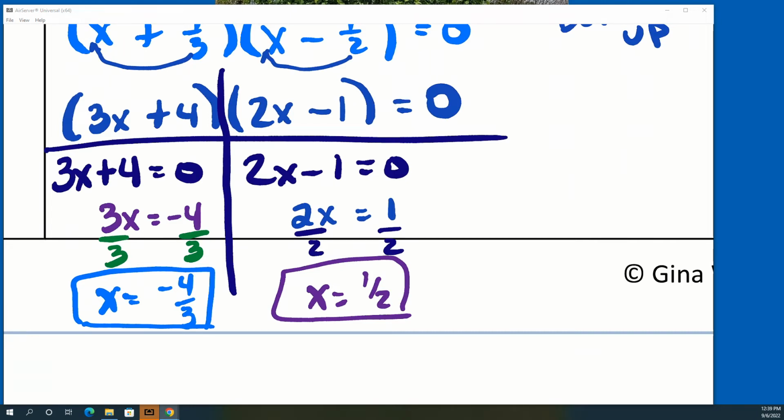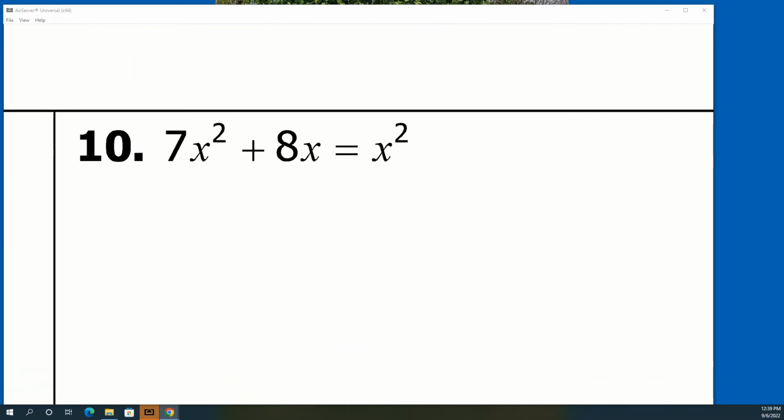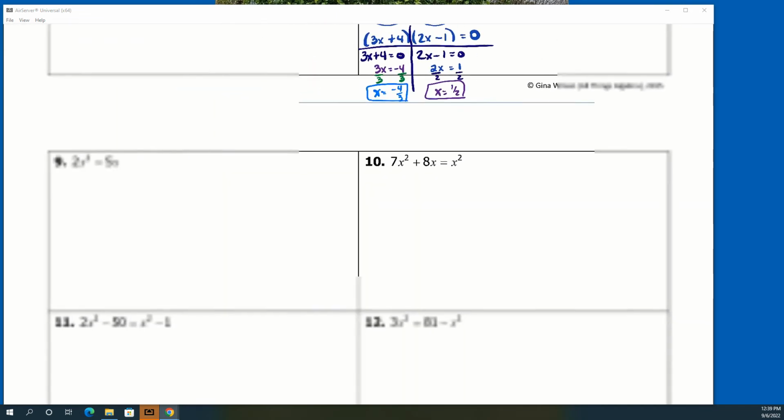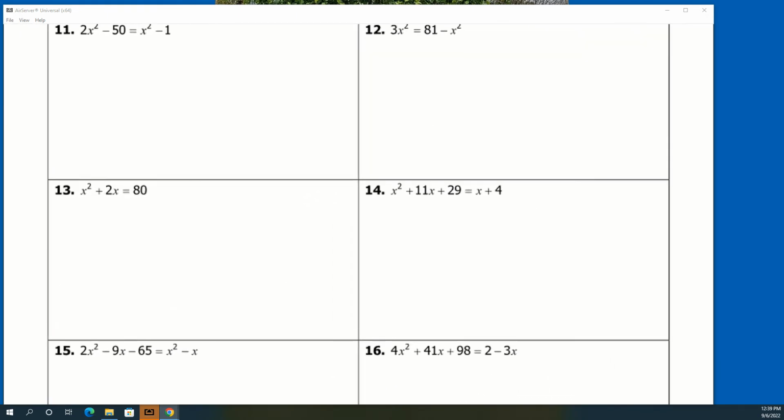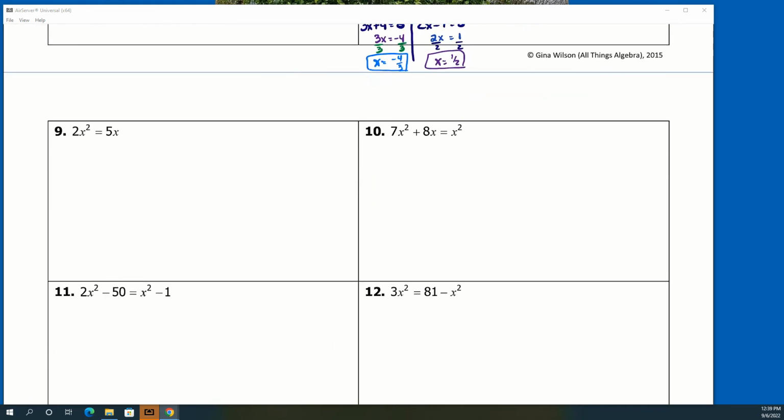Okay, so we're going to do the back. On the back, I'm not going to spend as much time talking about the factoring part because we just did every type of factoring together. So the thing that we're going to have to focus on is the getting everything on one side part. If you look at these problems, none of them are equal to 0.